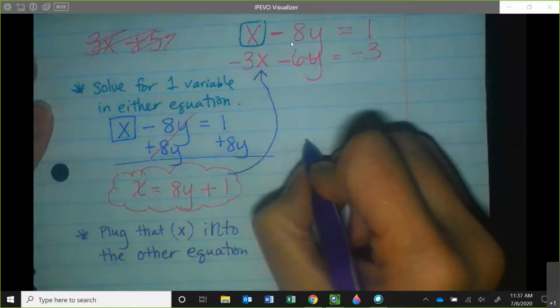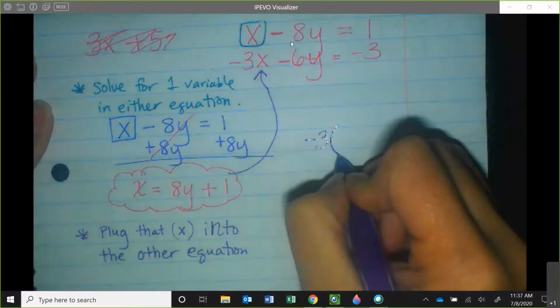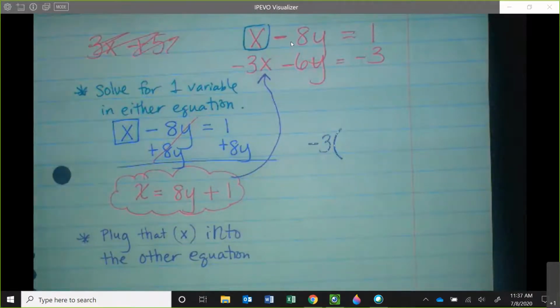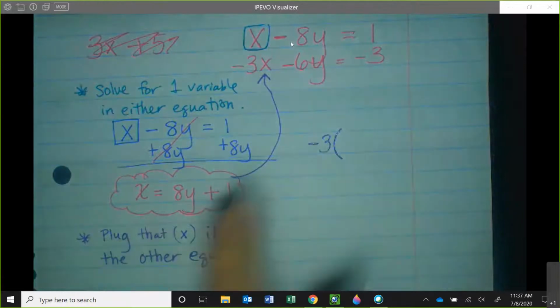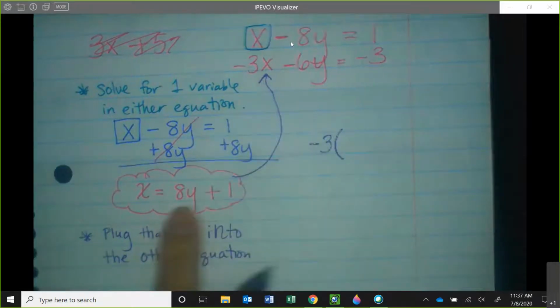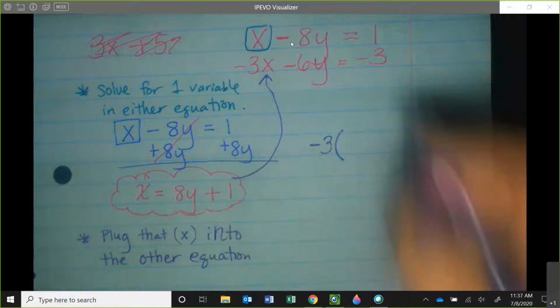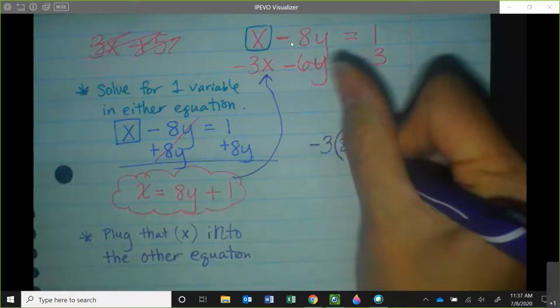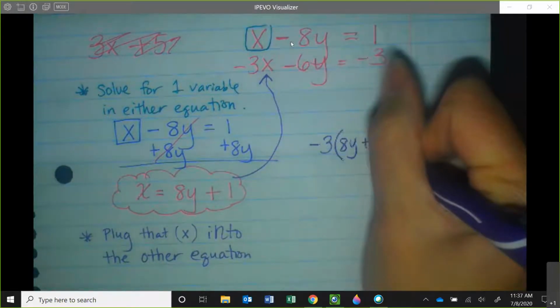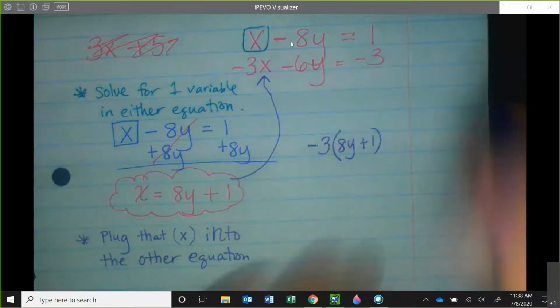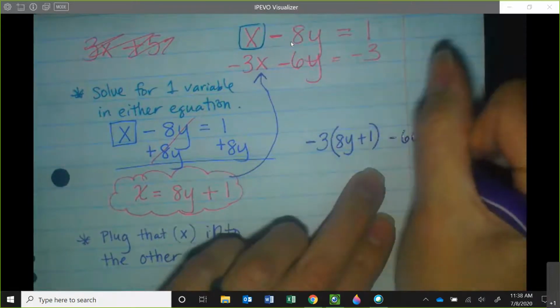Okay, so negative 3 times, because 3x means to multiply, but it's not x anymore. Now we're going to use what we said x was. We said x was 8y plus 1. And then I rewrite the rest of my problem.